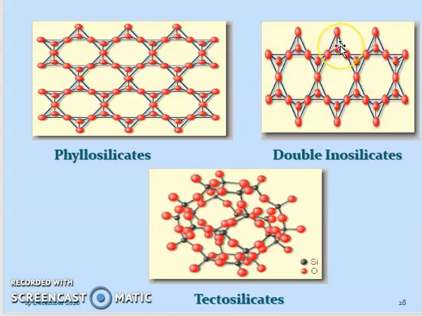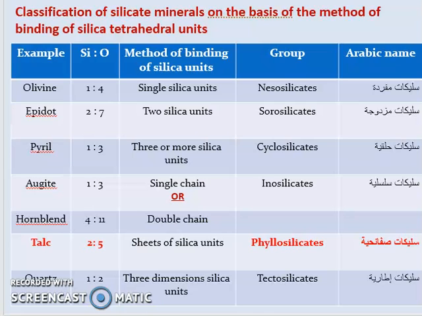So the ratio here between silicon to oxygen is Si2 to O5.5, or you can say that it is 4 to 11, because 5.5, if you multiply by 2, you get 11. So the unit here, Si ratio to O, equals 4 to 11 in the double chain.